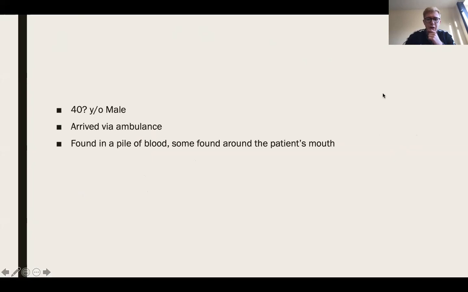So how do we know that this patient, if there's blood around his mouth, how do we know if it's from his stomach or from his lungs? How can we tell the difference? Is there any way we can tell the difference? Color? Okay, yeah, nice. What would be the difference in color?